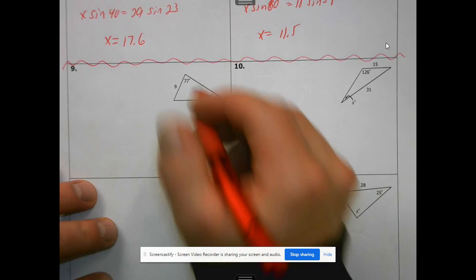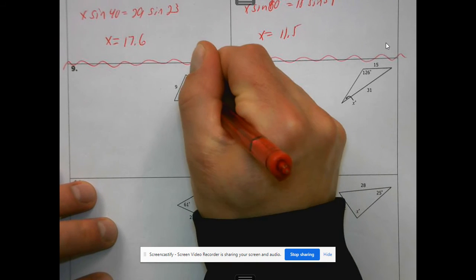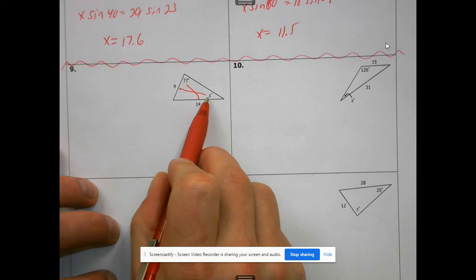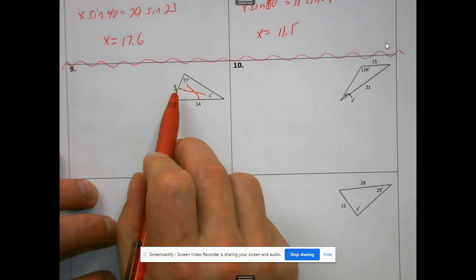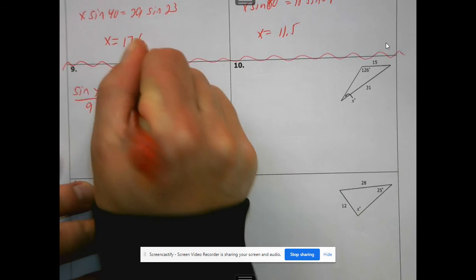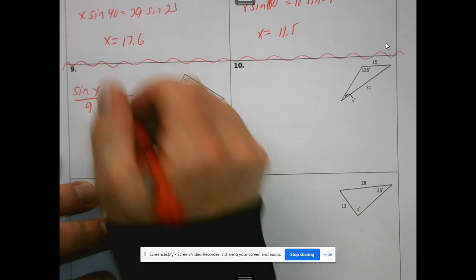The same setup. X and 9 go together. 77 and 14 go together. So sine of x over 9 equals sine of 77 over 14.